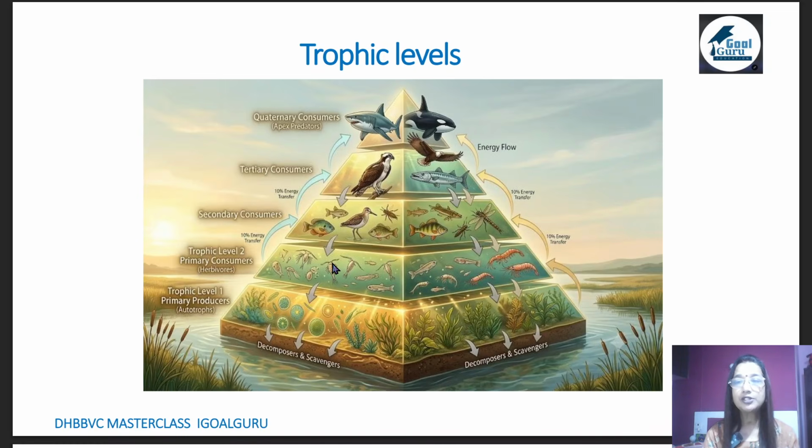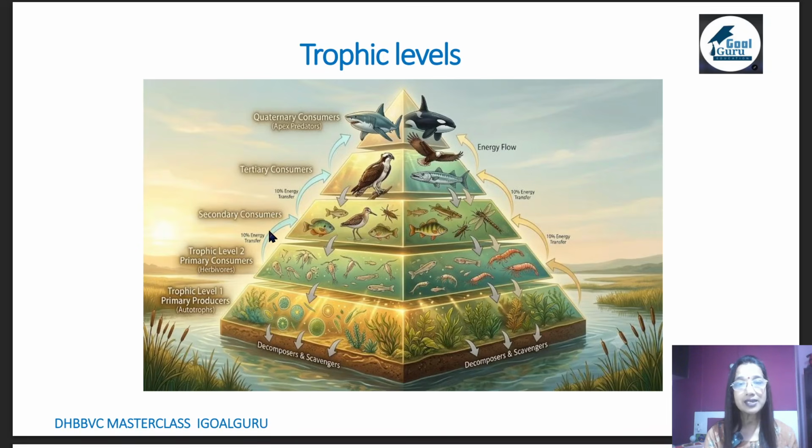Look at the trophic level 2. Now, these are called the primary consumers. See, they include the herbivores, that is the deer, the rabbits, the cows, the grasshoppers, because they are getting the energy directly from the trophic level 1, that is the producers. Okay, let us move on to the third trophic level now, where you will find the secondary consumers.